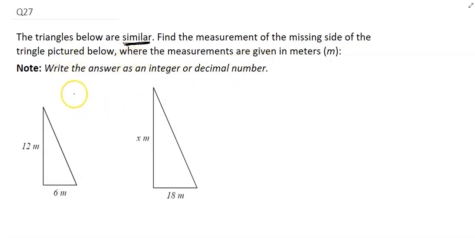So this side here that has the 12 corresponds to this one, the same way that this corresponds to that one. And we write a proportion as a fraction, right? So 12 is to x the same way as 6 is to 18. So on top, I put triangle 1.